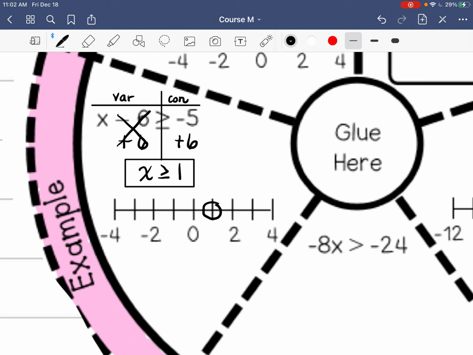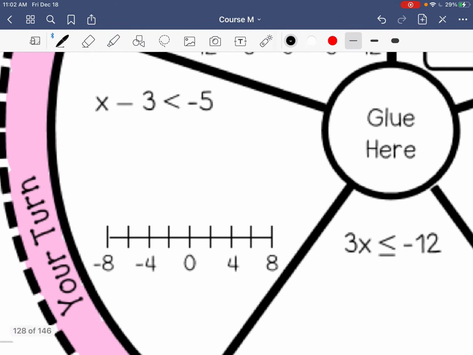So put your interval at positive 1. It is a closed interval. So we color that one in and we go above that one, greater than. Your turn.